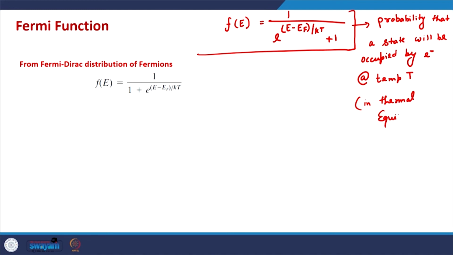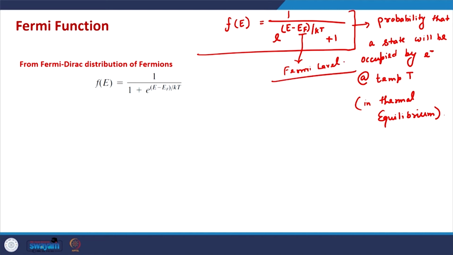So, the Fermi Dirac distribution function physically means the probability that a state is occupied at a given temperature in thermal equilibrium, and it depends on E f, which is known as the Fermi level of the material.